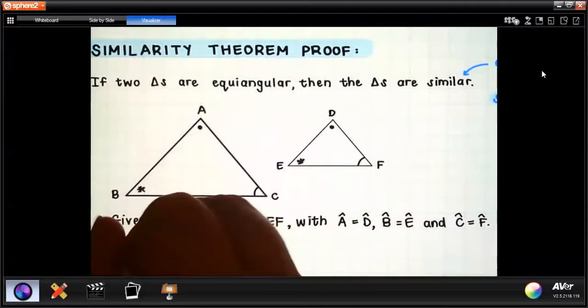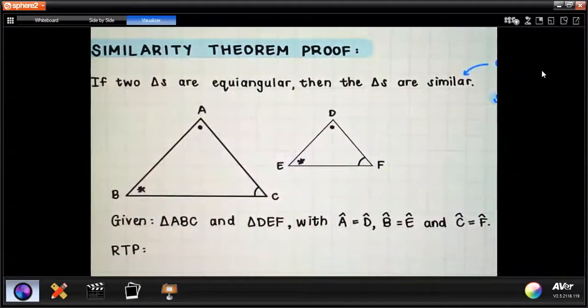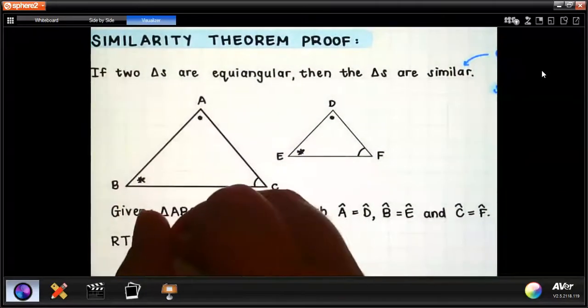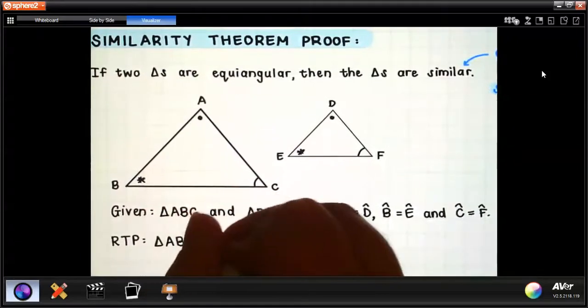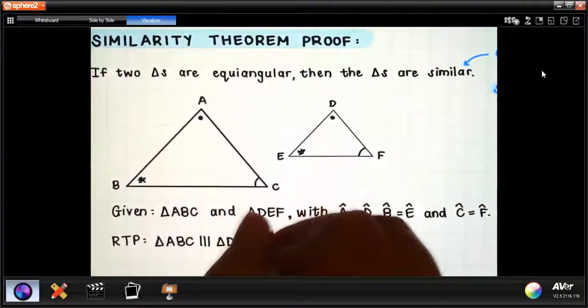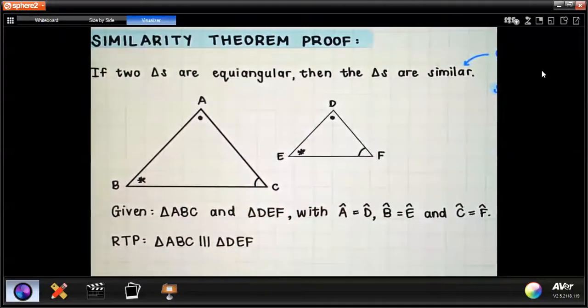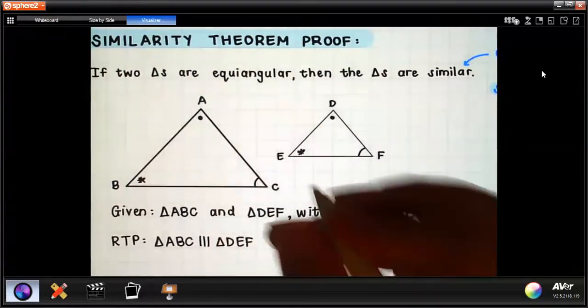Now, what we need to prove, the required to prove, or RTP for short, is that these two triangles are similar. But like I already explained, in order to prove that, we need to prove that both conditions have been met. They are equiangular, which is given, but also that their sides are in proportion.